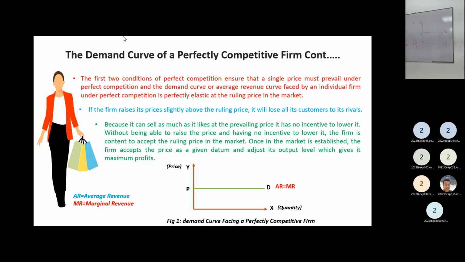So how do you calculate your profits, in a very simple way? Your profit equals income minus expenditure. This is how you calculate your profits. But here, how do you calculate your income? It's simply your selling price into quantity. But here, you cannot change your selling price.